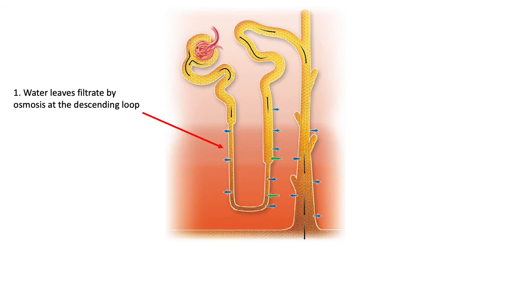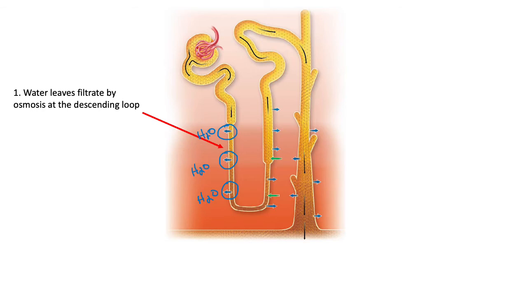So first off, again, water is traveling in that filtrate from the glomerulus, and once it enters the loop of the nephron, it's going to start to actually leave the filtrate by osmosis. So these blue arrows here that I'm circling represent water leaving the nephron and entering the interstitial fluid that surrounds this region.